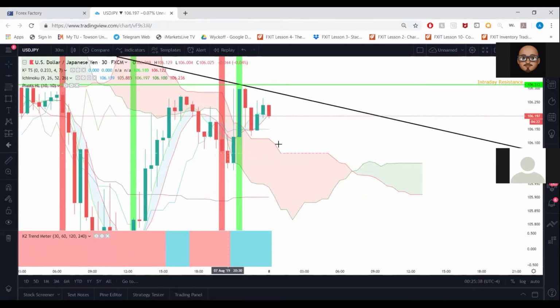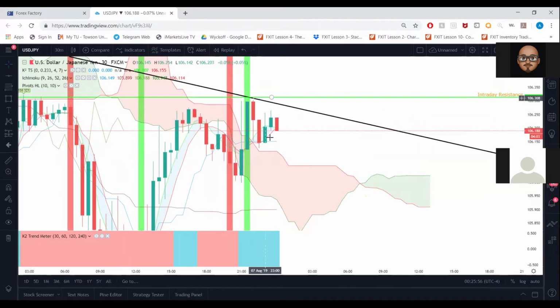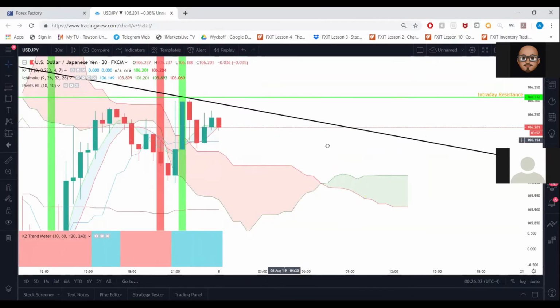So by using his K2 exit strategy, you would have at that point already had your stop loss at break even. Since this turned around, it will just take you out at break even, and then you can look for another signal where you can get back into that sell. So I would suggest doing that in that case.